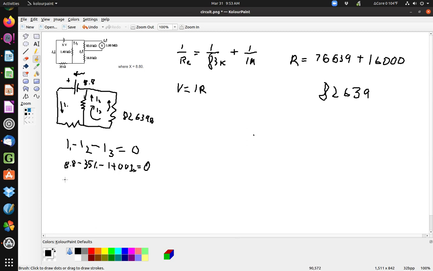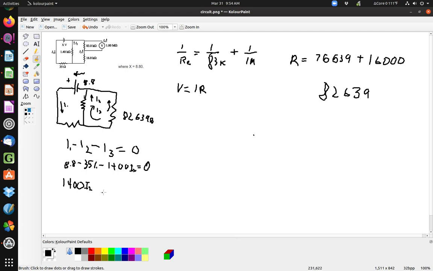We can make it work. So let's go 1.4 kiloohms times I2, so 1400 I2, and then we're going backwards against this one.